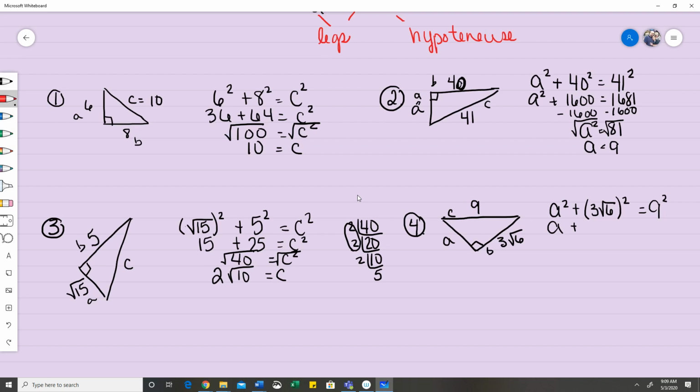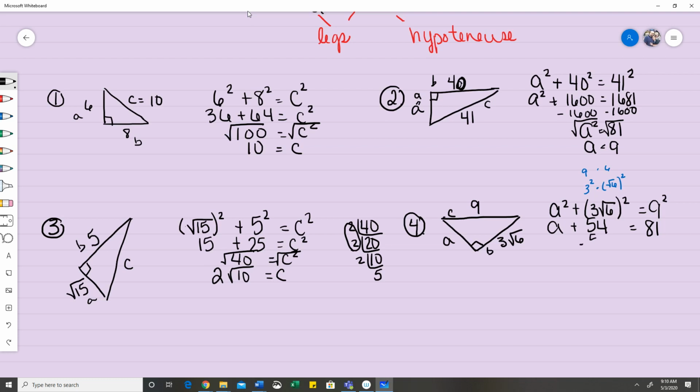So just as some side work here, if I do 3 squared, I'm going to get 9. And then when I do the square root of 6 squared, I get 6. Okay, so when I multiply those together, 9 times 6, I end up with 54. Okay, equals 81. All right.